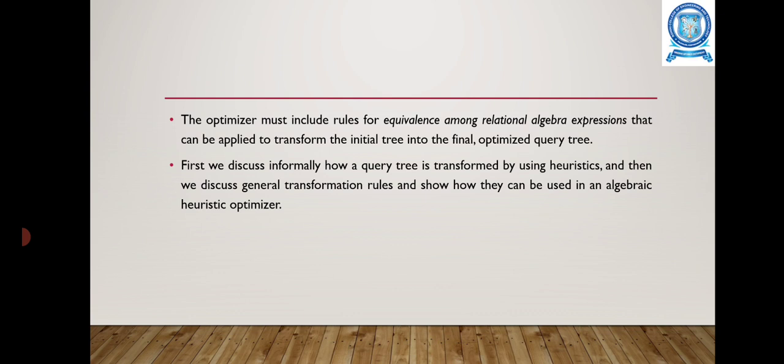First, we discuss informally how a query tree is transformed by using heuristics, and then we discuss general transformation rules and show how they are used in an algebraic heuristic optimizer.